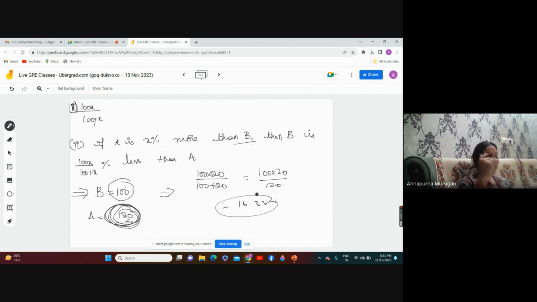So B is 16.333% less than A. That means A is 20% more than B, whereas B is 16.333% less than A. Therefore, if you want to identify the lesser quantity or the decrease that has happened, we need to use these formulas in those situations.